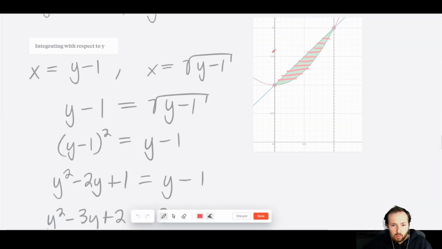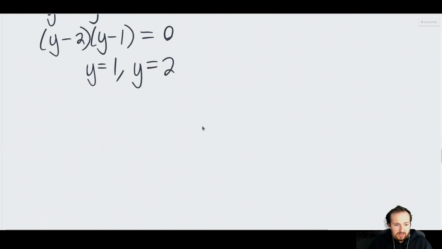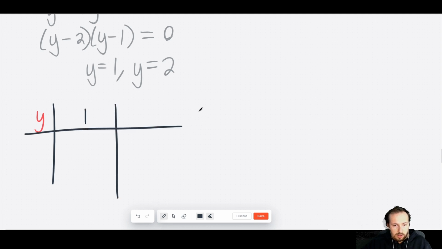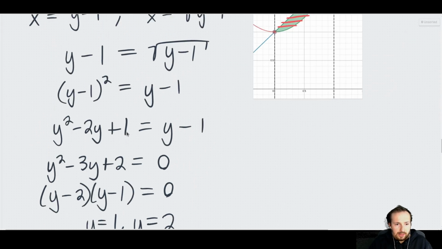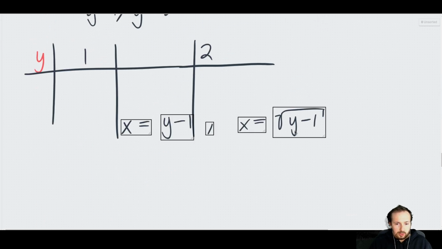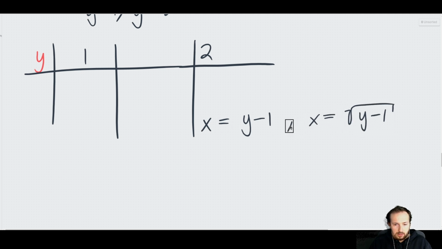So the way we're going to look at this now is, for a certain y value, we're going to try to figure out an equation that tells us the length of this line segment as a function of y. And again, that's just the rightmost minus the leftmost. So if we're going between 1 and 2 as our bounds, and these are our two functions, then I'll do this kind of like we did before.